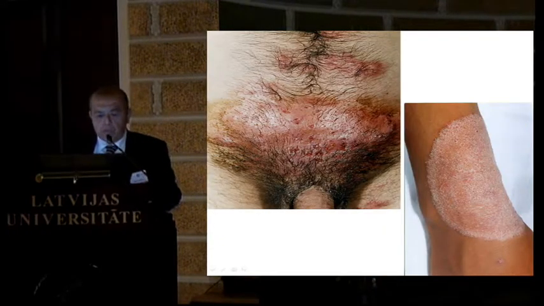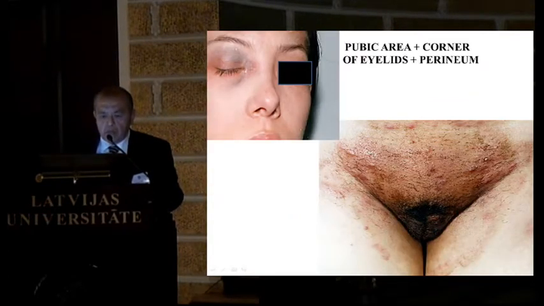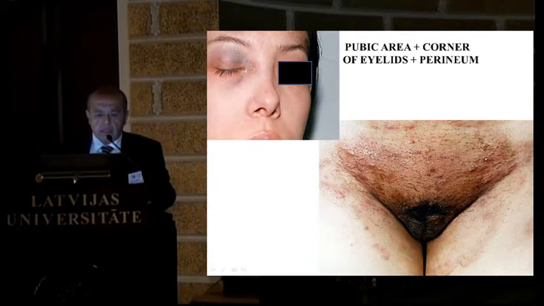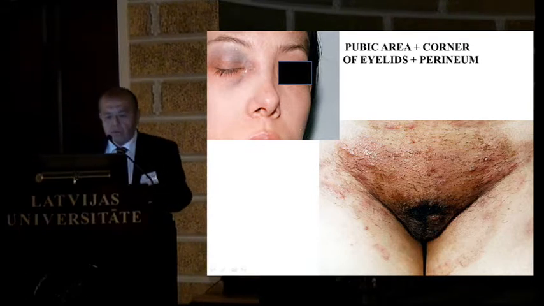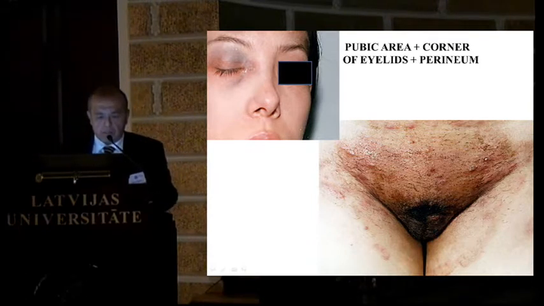Here the pubic area and right hand, and the pubic area and corner of the right eyelid and perineum. In gynecological observation, we saw the whole perineum was affected and the labia majora infected too.